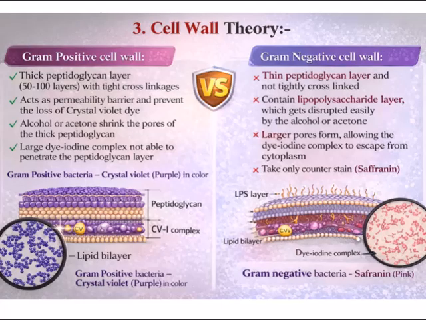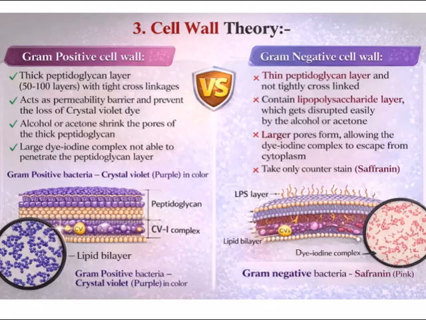Cell wall theory of gram staining. The difference in cell wall structure between gram-positive and gram-negative bacteria determines dye retention during gram staining. The gram-positive cell has a very thick peptidoglycan layer, a tightly cross-linked structure, and minimal lipid content.